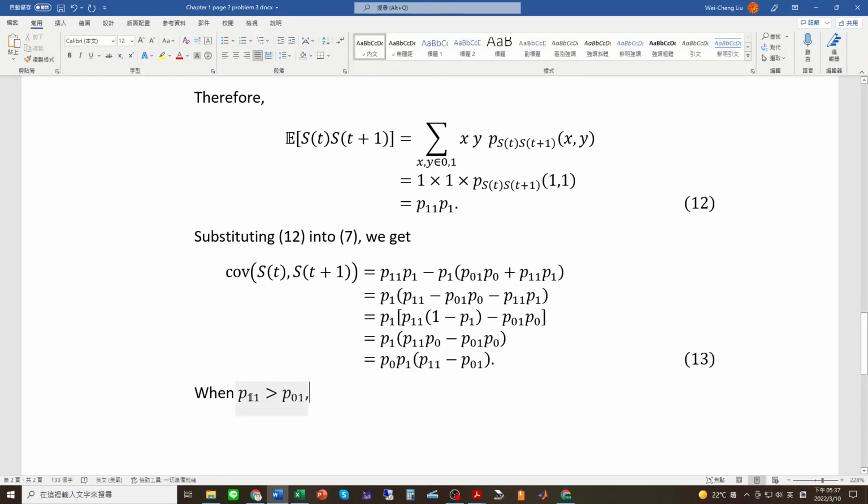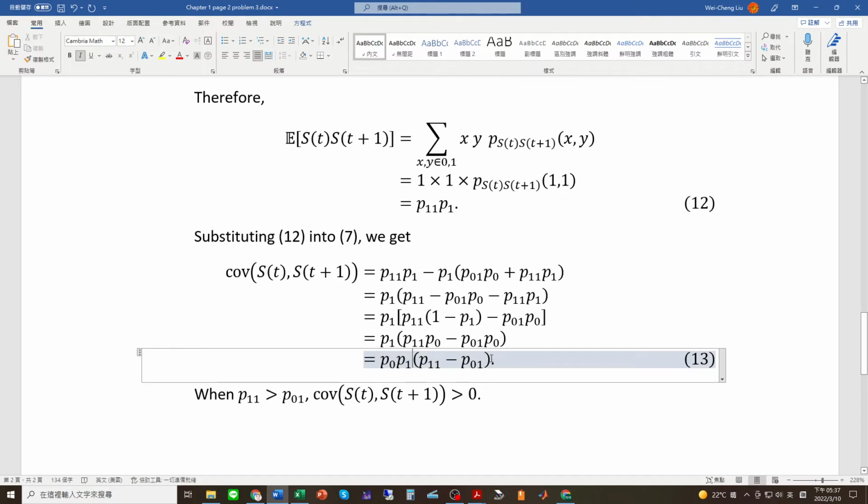When P11 is greater than P01, the covariance of S_t and S_{t+1} is greater than 0, because this term is greater than 0, and it is natural to assume that P0 and P1 are both greater than 0.